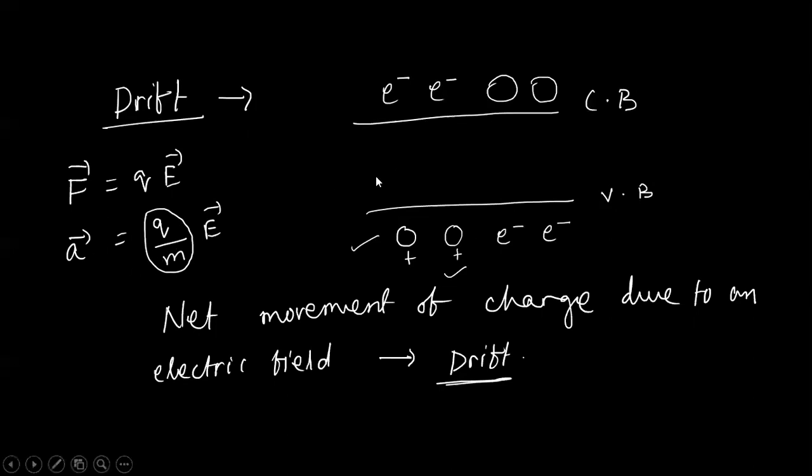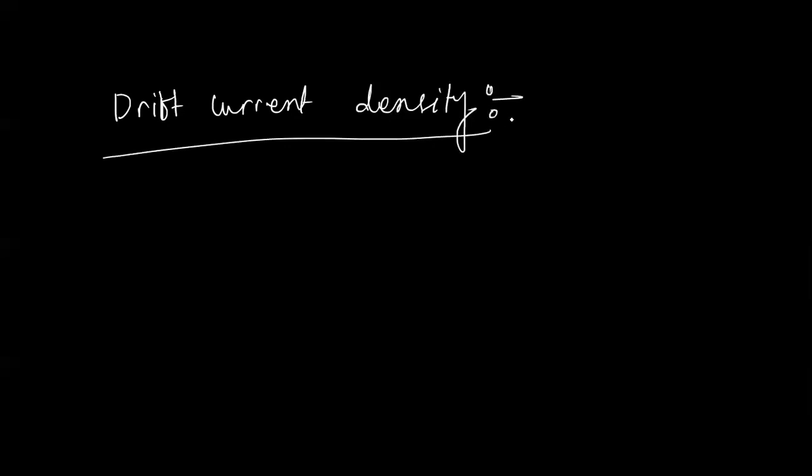So this is simple. Then what is drift current density? Let us try to understand drift current density. At ordinary temperatures or room temperature, an intrinsic semiconductor will always contain some free electrons in the conduction band, because at room temperature few of the electrons will gain thermal energy and move from the valence band to the conduction band.